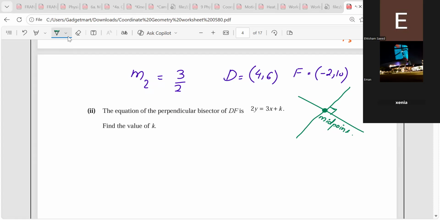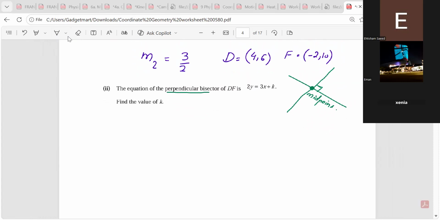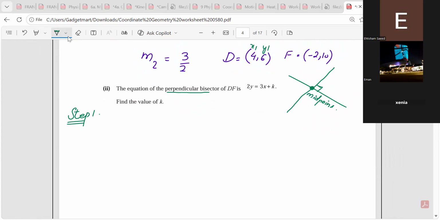So basically the very first thing you have to understand कि perpendicular bisector की equation निकालने के लिए you have to find out midpoints. So let's find out the midpoints. So step one, we have already learned it. Step one was find the midpoints. So this is x1, y1, and this is x2, y2.